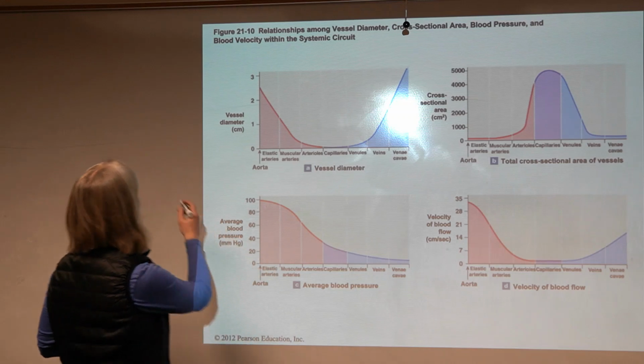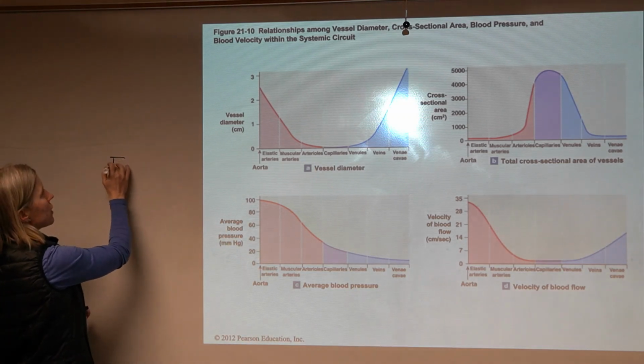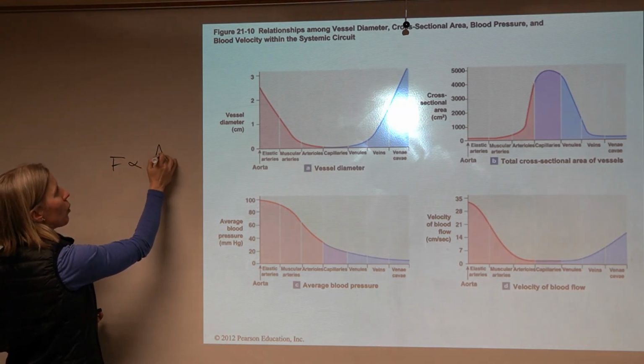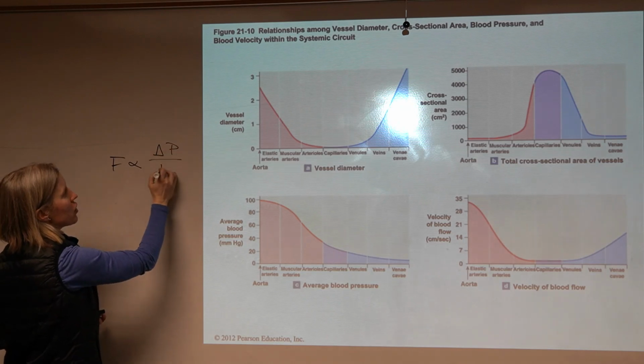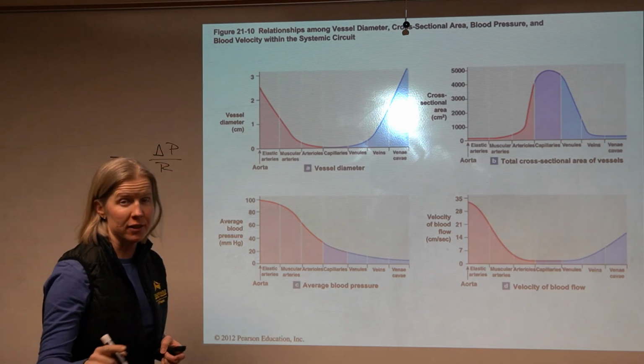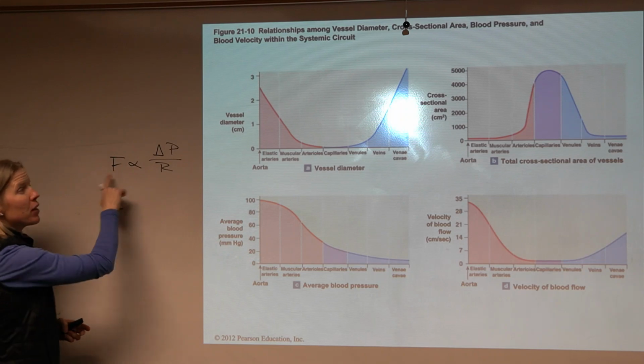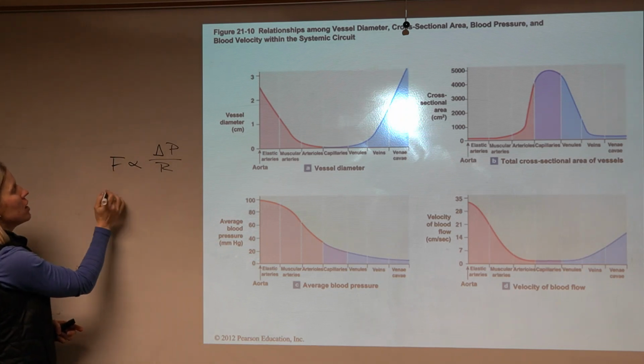physics of this. And what they say is flow is proportional to the change in pressure over resistance. Let me say that again, not in a mathematical formula. Well, we'll just write it out.